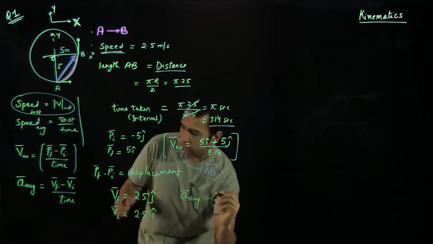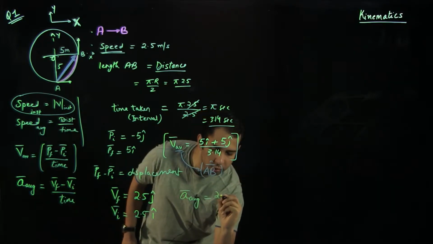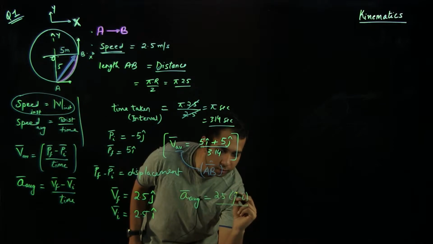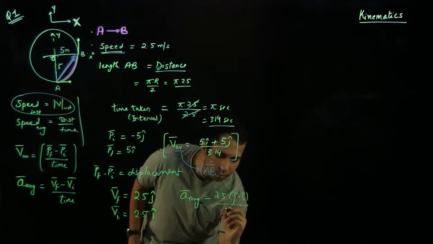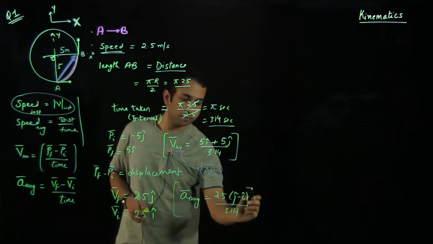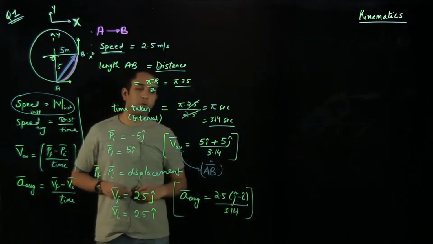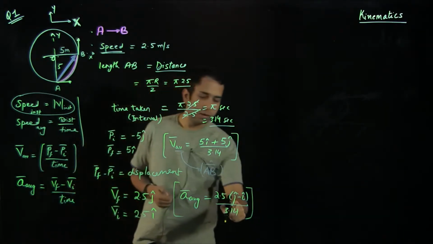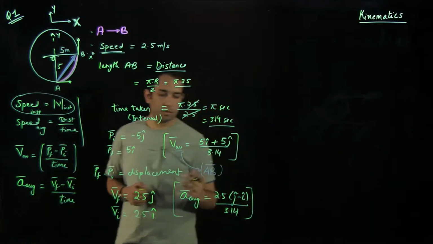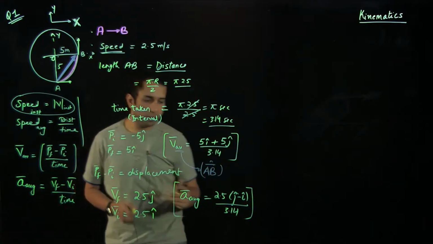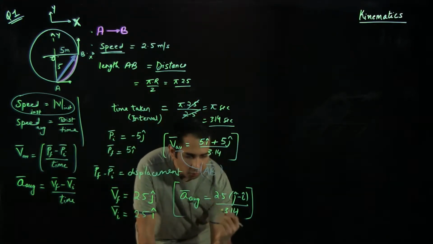So it will be final minus initial: 2.5 j cap minus 2.5 i cap upon 3.14. This will be my average acceleration. What would be its direction? We can find that using simple vector analysis which we covered in videos before this chapter.